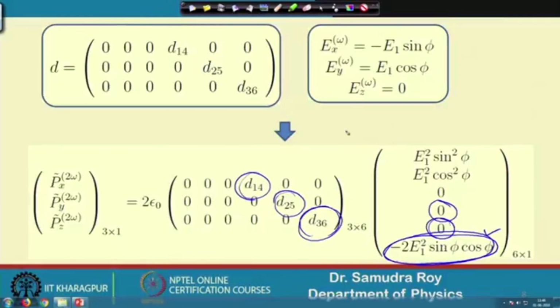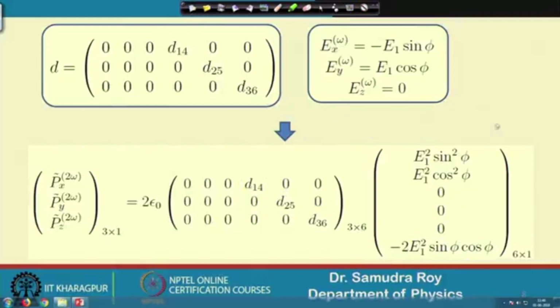So, the most important thing that we figure out is that p z 2 omega is now not equal to 0. That means it is going to contribute and generate some field having frequency 2 omega. So, that means second harmonic generation might be possible under this structure. So, let us see what we have in the next slide.